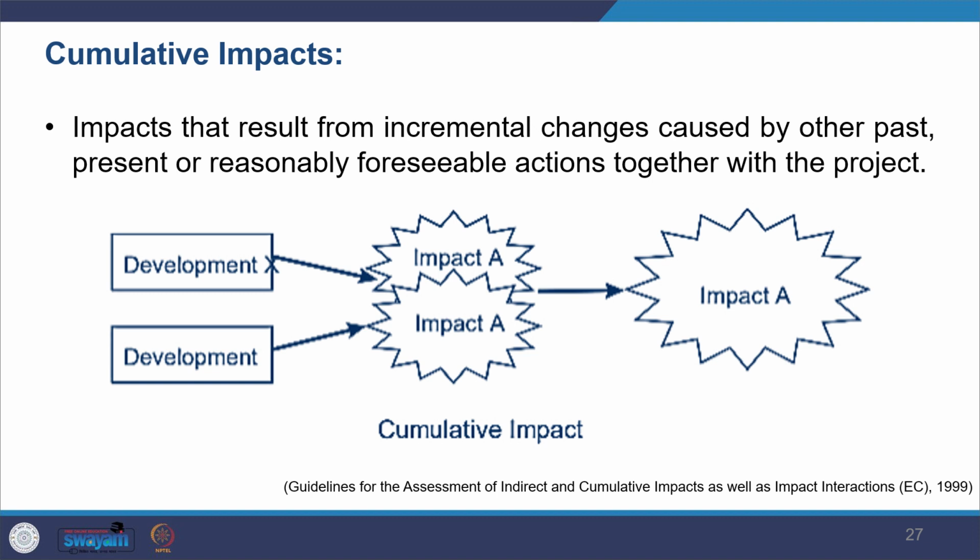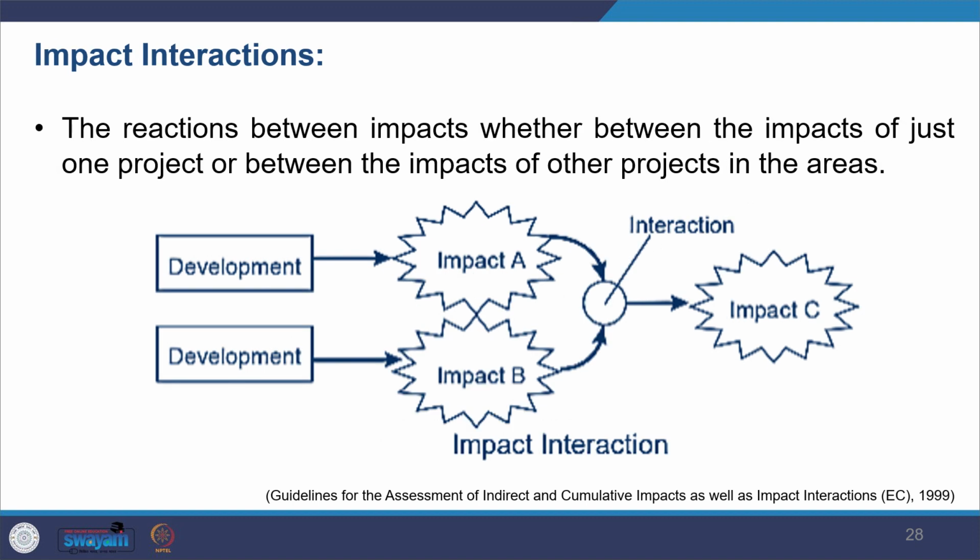And then you also see impact interaction. The reaction between impacts, whether between the impacts of just one project or between the impacts of other projects in the area. So you see impact interaction: impact A and impact B causing impact C from development A and development B. So this is impact interaction.